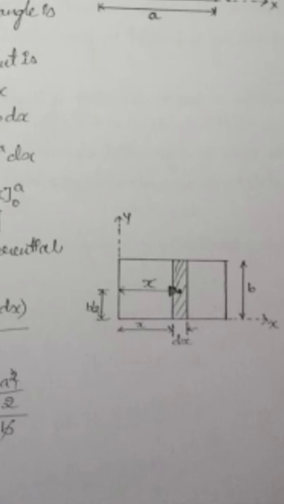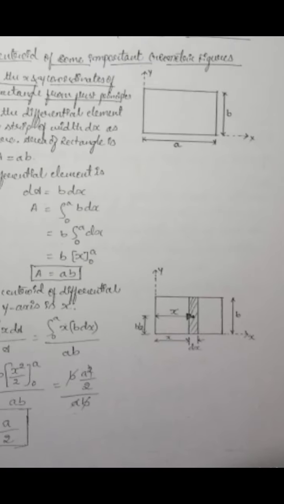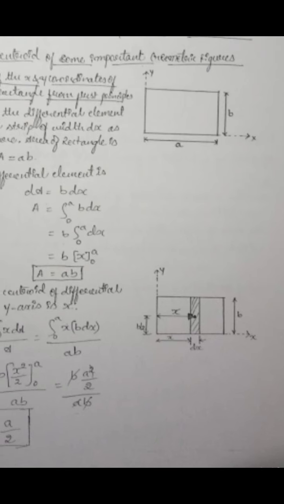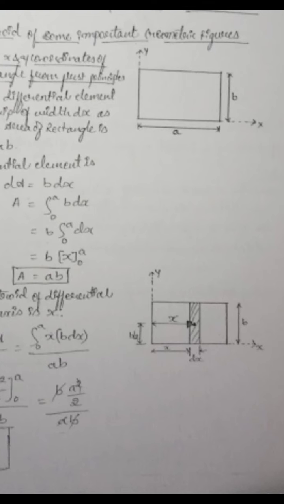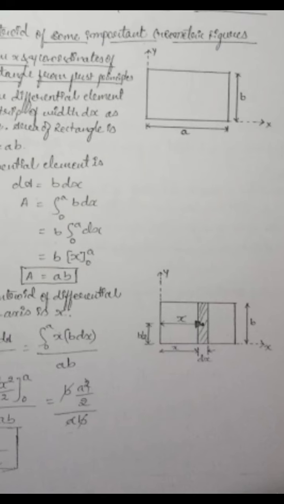Now you have to determine the CG of this rectangular section. For that, you have to take the smallest area, that is dx.